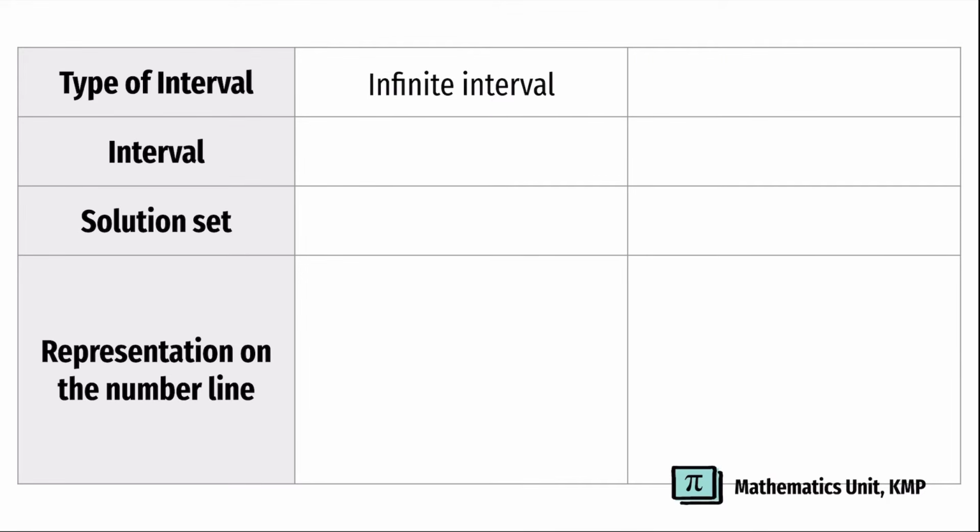Another example of infinite interval. Now the negative infinity will be on the left, and we're going to include the value of B, then we're going to write down on the right. So always use a round bracket for negative infinity. Since the negative infinity is on the left, therefore the solution set is written as x is such that x is less than or equals to b, because b is using the square brackets.